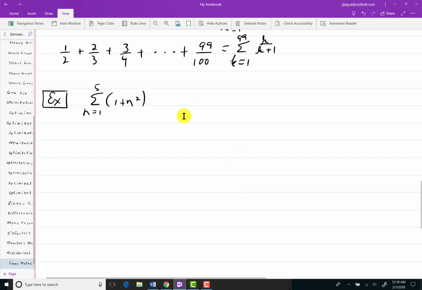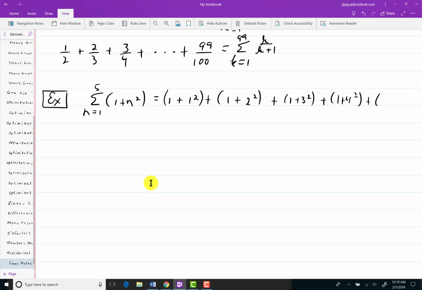What if I do n equals 1 to 5 of 1 plus n squared? So that means you're going to start with n equals 1. So you have 1 plus 1 squared plus 1 plus 2 squared. And I'm going to go all the way to 5 squared. 1 plus 3 squared plus 1 plus 4 squared plus 1 plus 5 squared.